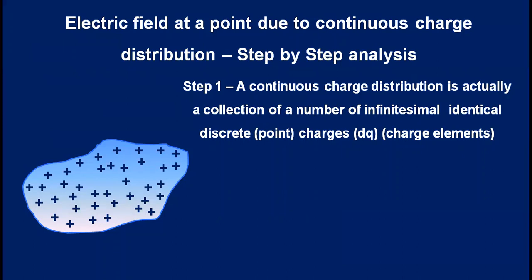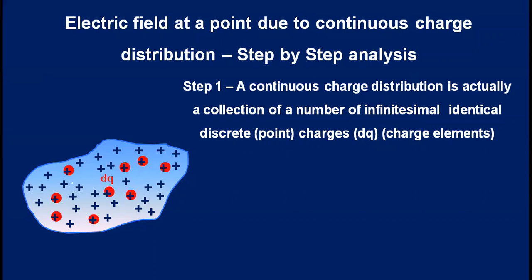So what we have to do is, this continuous charge distribution, we have to imagine, we have to assume it to be a collection of an incredibly large number of infinitesimal identical point charges dq. See, I've drawn a few discrete charges here.